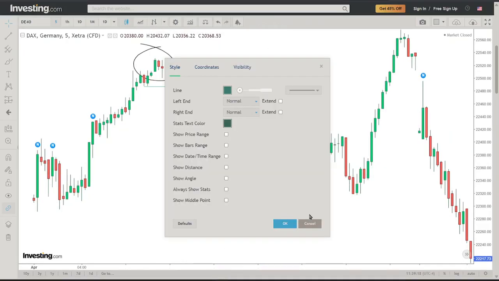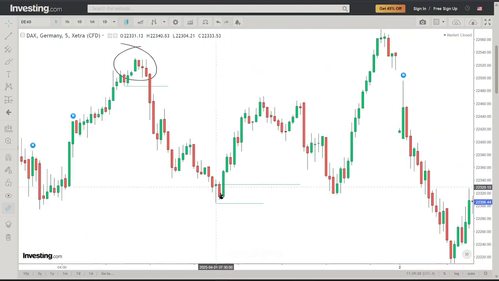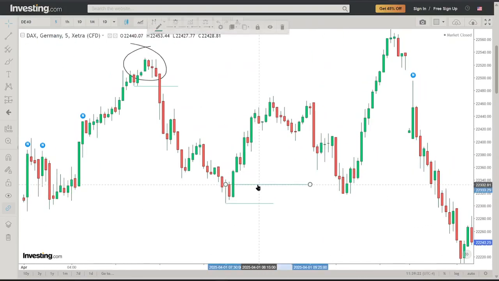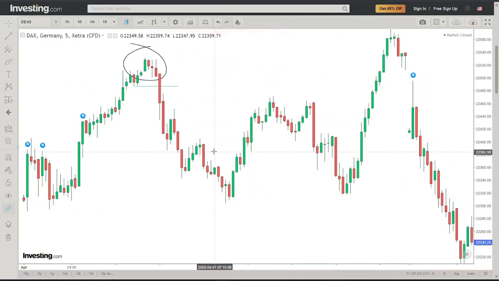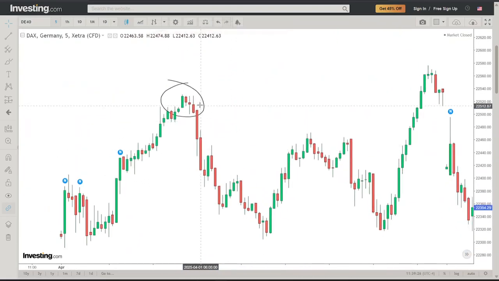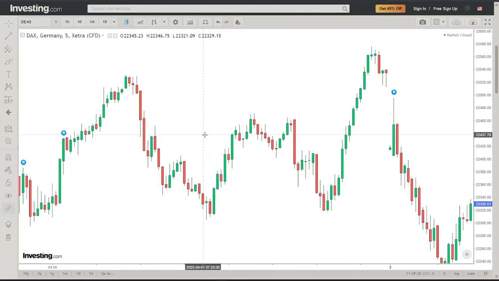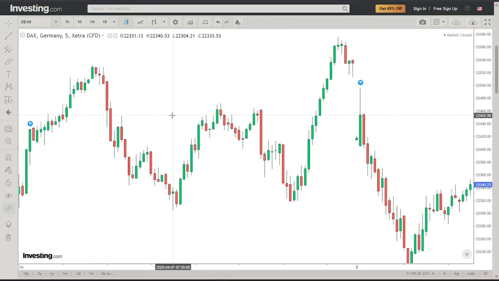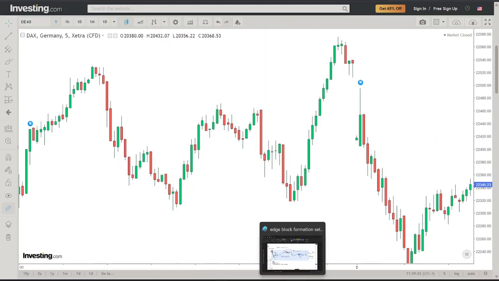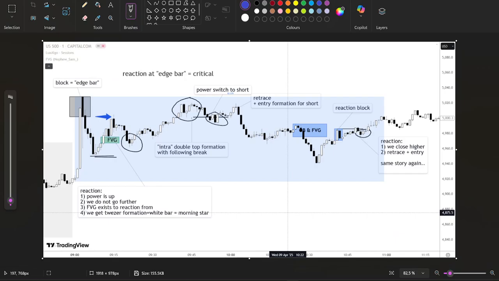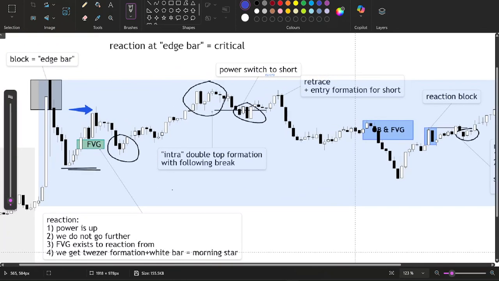That's one idea. And so it's very strange to me, when we get to the edge block, will price turn? And I've seen it so many times this week, and because of that I started drawing something where it works, but how am I supposed to illustrate it if I'm not showing an example of where it's working, right?